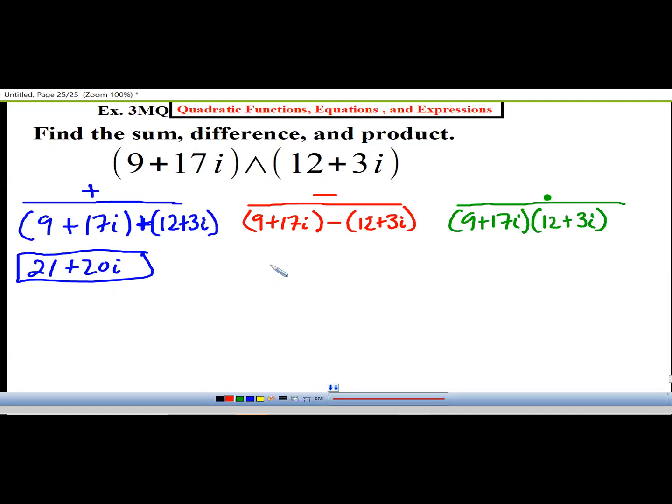I got -3 and -14i. Close. Who can see the mistake there? It should be positive 14. Positive 14, yes. Thank you. Because the negative distributes to the second binomial, and remember, this is 17i minus 3i, that's 14i.